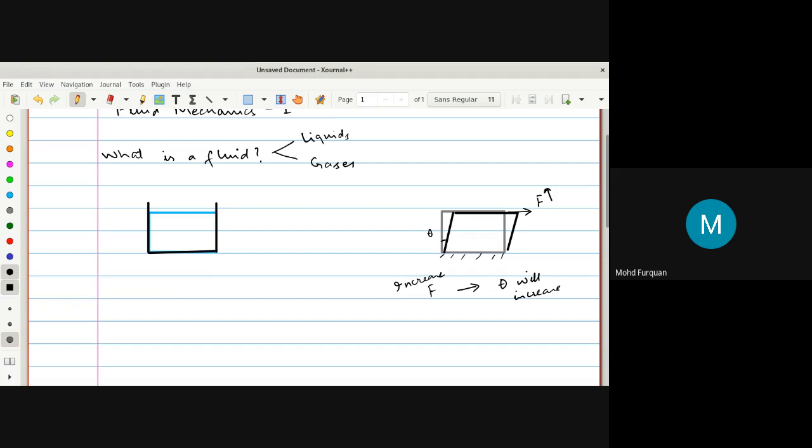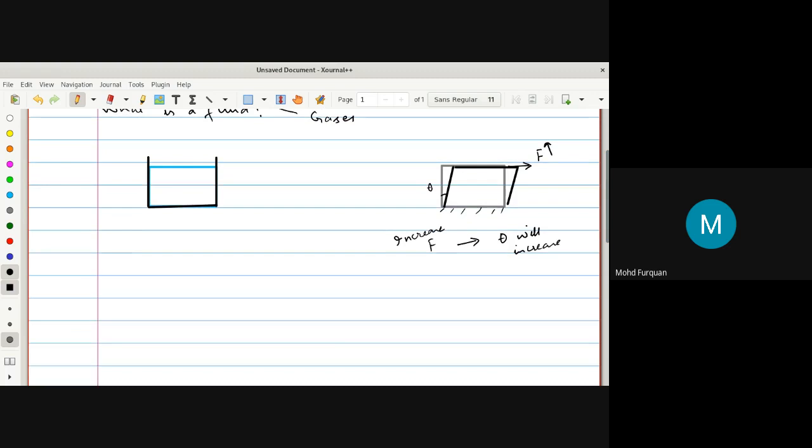For small deformations, you have already studied in strength of materials, and you will also study in solid mechanics, that this theta is proportional to the shear stress applied here. So from that force, you can calculate the shear stress, and then you can say that the value of theta is linearly proportional to that shear stress. So it is something like this.